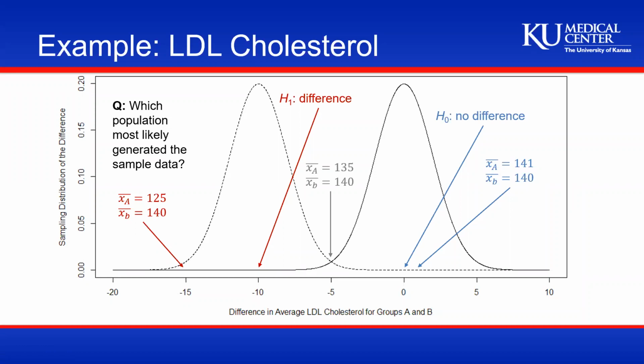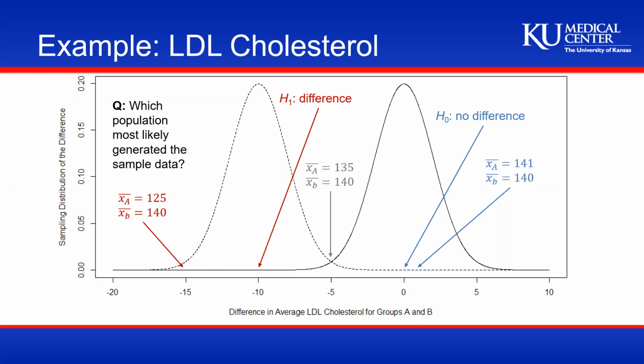Where hypothesis testing really helps is when you get this in this gray area. What if I treated two groups whose outcomes indicated just a 5-point difference in LDL cholesterol? The question here is, is that big enough? It turns out if it's right here in the middle, it's almost like a coin flip, right?